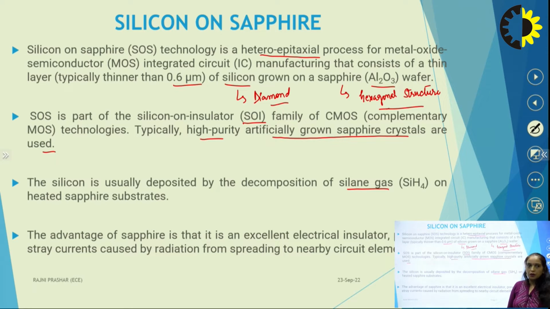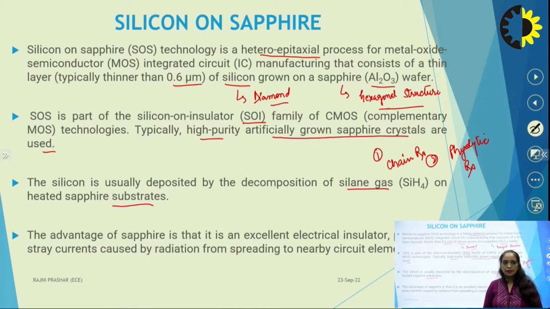We can use this silane gas as a starting material on a heated sapphire substrate. Here we can use the chemical reaction, where we have some HCl gas as a residual, and as a second method we can also use the pyrolytic reaction, where we don't have any HCl gas as a residue.